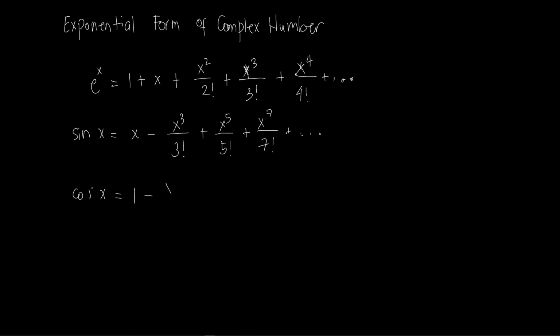Minus, we have x squared over 2 factorial plus x to the power of 4 over 4 factorial minus, mali, dapat alternate na siya. Minus, plus, minus, plus, minus. So alternate na siya. So we have x raised to the power of 6 over 6 factorial plus dot dot dot. So muna siya nga mga representation sa ato ang complex.